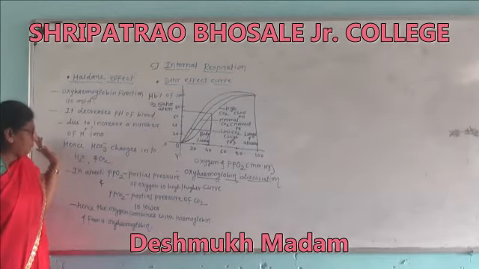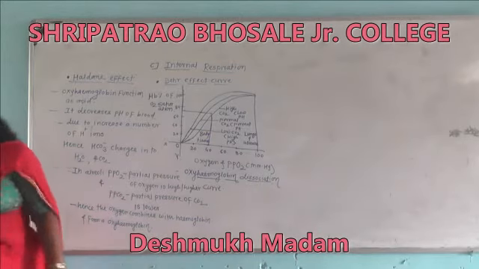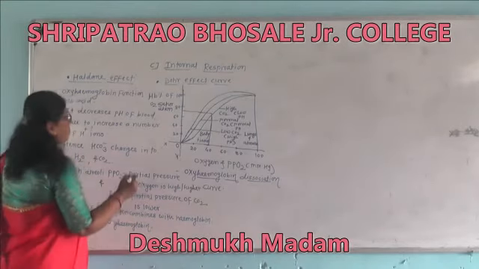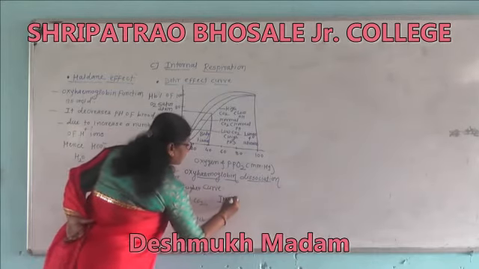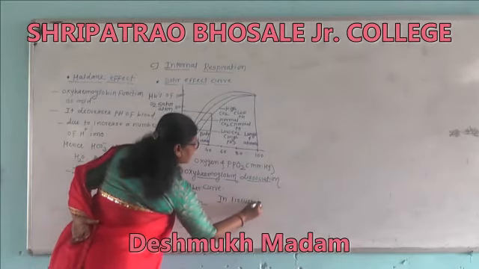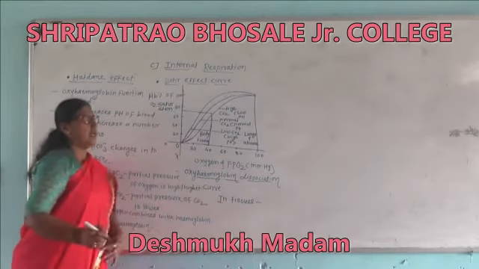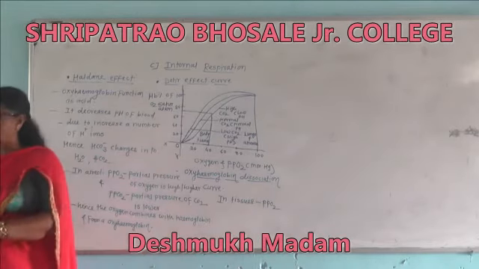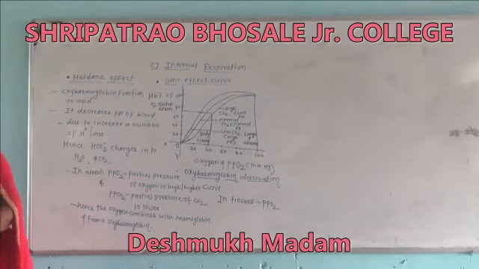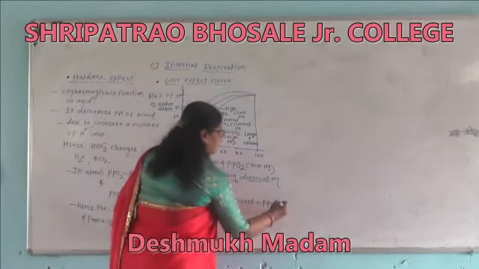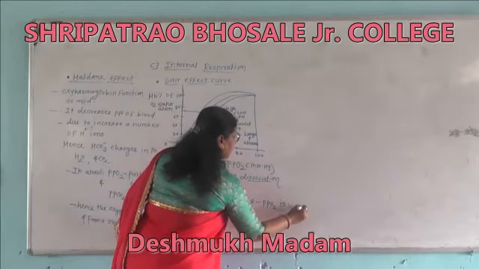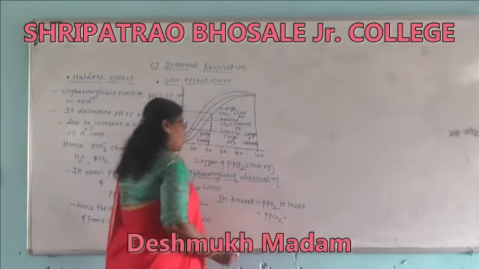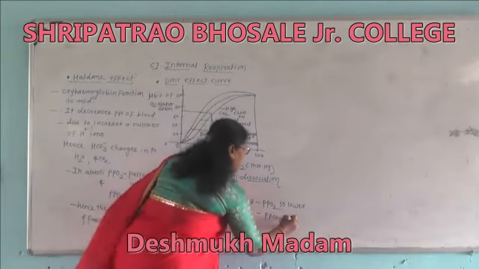But in tissues, PPO2, the partial pressure of oxygen, is lower, and PpCO2, the partial pressure of CO2, is higher.